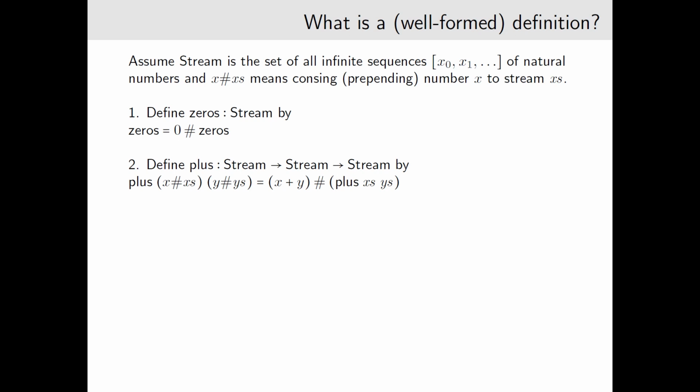We no longer have a decreasing measure, but we have this thing called productivity. So we make sure that in this definition we keep producing elements. We have an infinite process that produces elements that make up the result stream, while consuming the input.